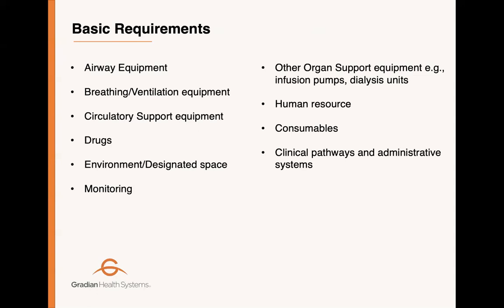The airway equipment comprises basics like the Guedel airway, the nasopharyngeal cannula, simple face masks, the non-rebreather face mask, the nasal prongs. All these should be available because they could be used at any point when taking care of your critically ill.